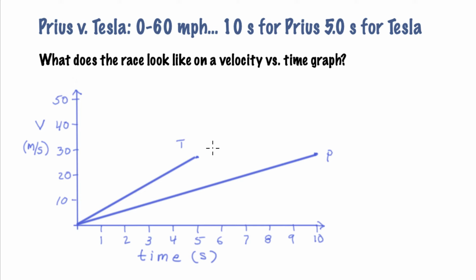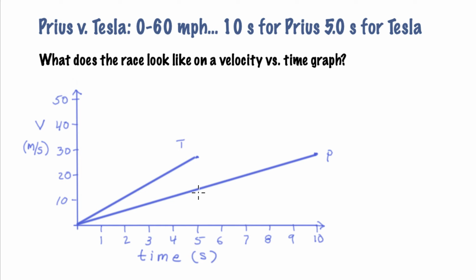We can do one last thing here. We can use this graph to imagine what would be the speed of the Tesla after 10 seconds. So imagine during this race, the Tesla got to 60 miles per hour in just 5 seconds, and the Prius, on the other hand, was only going around 12 meters per second.